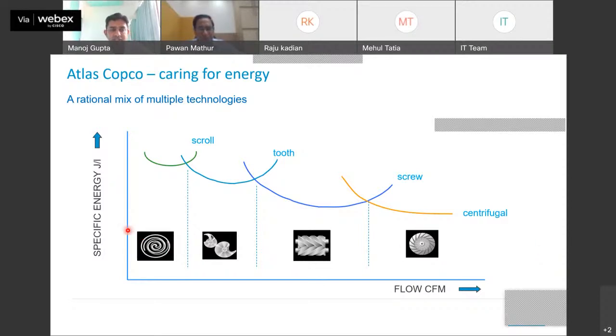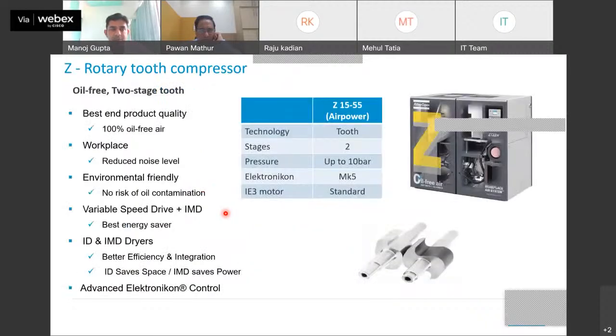Now you can see, for higher flow, the centrifugal technology is best. For the lower flow, the scroll and tooth compressor technology is the best technology, which can give you the lowest ACR, specific energy consumption. Just to introduce a little bit, like rotary tooth compressor, we have an oil-free two-stage tooth compressor available with us, starting from 15 to 55 kilowatt.